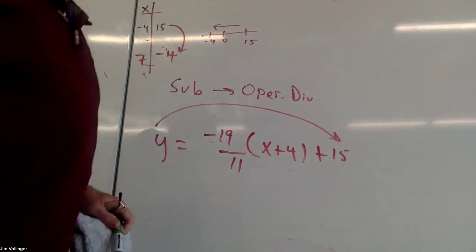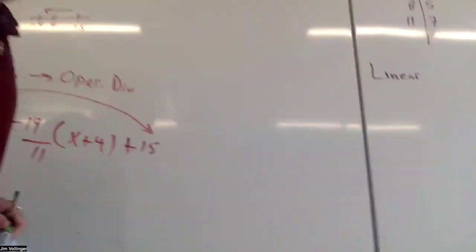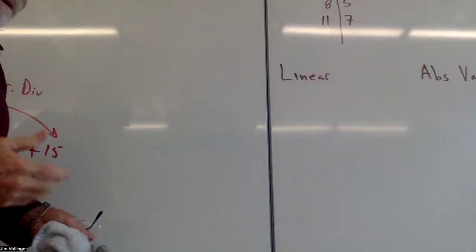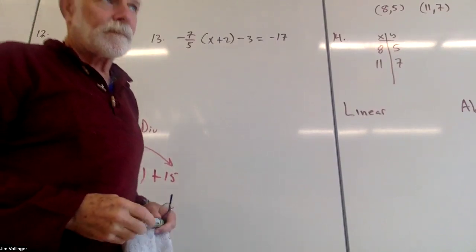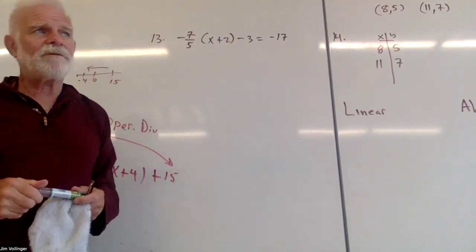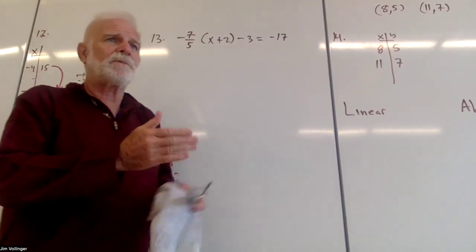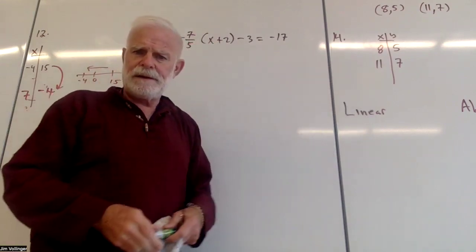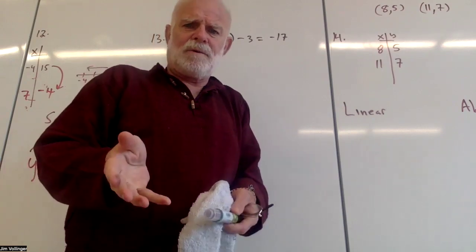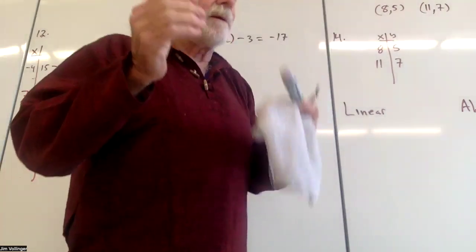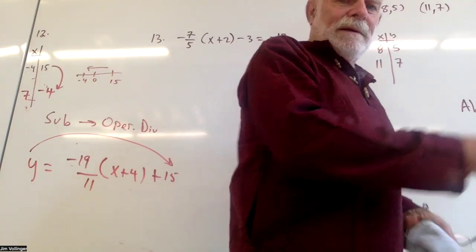Now, solving equations. If evaluating is hard to easy, let's see if I can move this table back a little bit more. Think of evaluating as finding your way to some place in the forest. Okay, and you go to the oak tree, you take a right, you see the big rock, you step on it, you jump off, and you run.